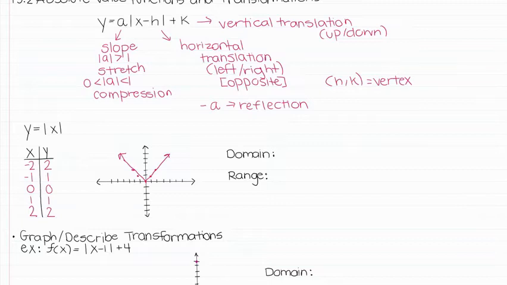Domain is all possible x values and range is all possible y values. The domain is going to the left and to the right forever, so we're going to use the symbol for all real numbers. For the range, all possible y values, it looks like it's all positive, but it also includes 0, so we can say y is greater than or equal to 0.